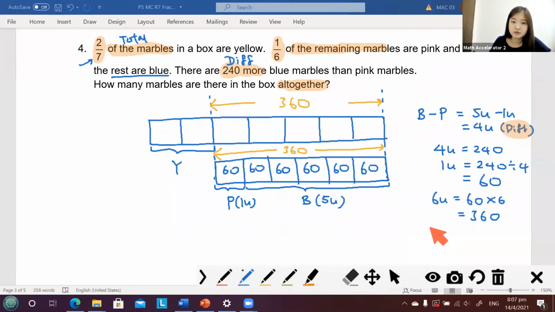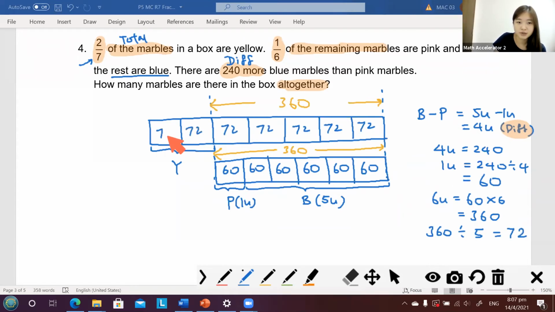So take your 360, divide by 5. What would it be? Okay, thank you, Reem. 72. So this is 72 each, including these 2 units on the outside because they are all equal.